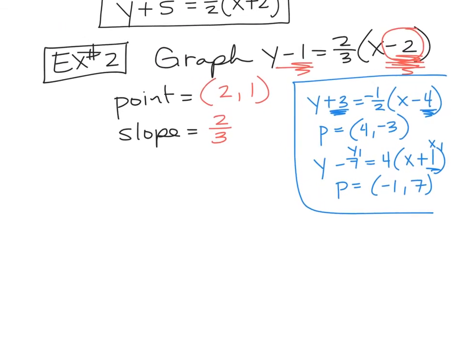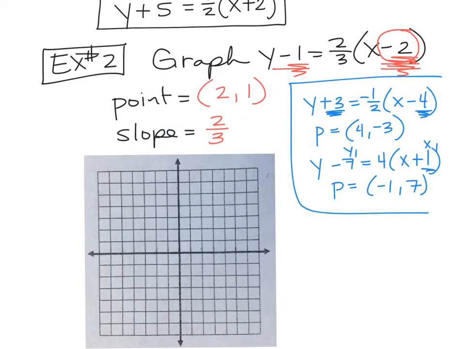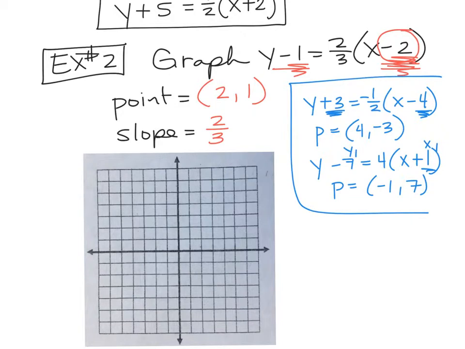Okay. So if we need to graph this, then we need to get out a graph. Okay, so if this is our graph, here's what you need to be careful of with this. You have a point and you have a slope. That is the order that you do it in when you graph. If it's point slope form, you do the point first and then you do the slope. So my point right now is 2, 1. Where do I move for 2, 1? 2 to the right, 1 up, right?